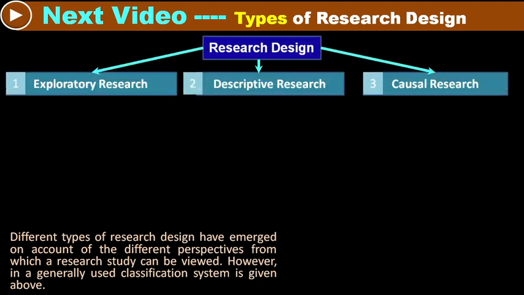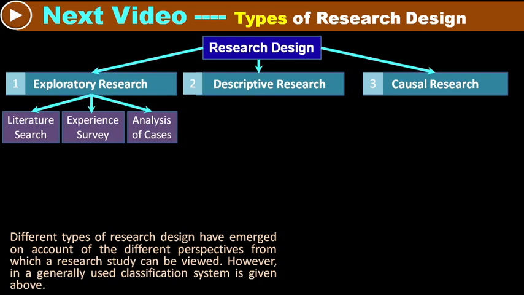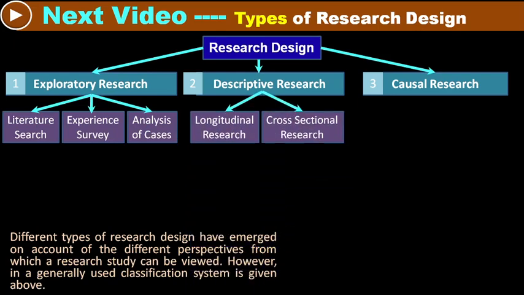Different types of research design have emerged on account of the different perspectives from which a research study can be viewed. However, a generally used classification system is given. A research design is of three types: exploratory research design, descriptive research design, and causal research design. Exploratory research design is further divided into three parts, that is literature search, experience survey, and analysis of cases.